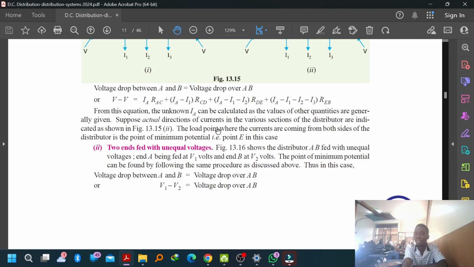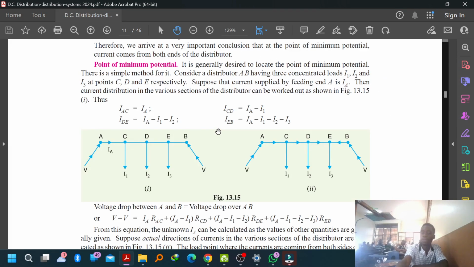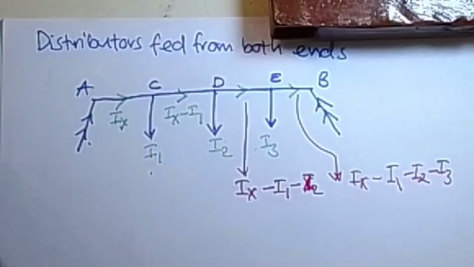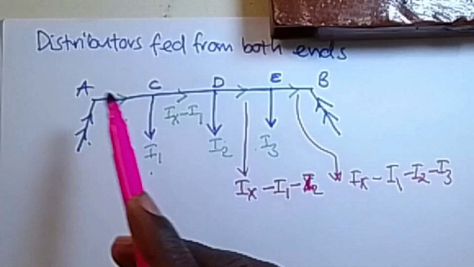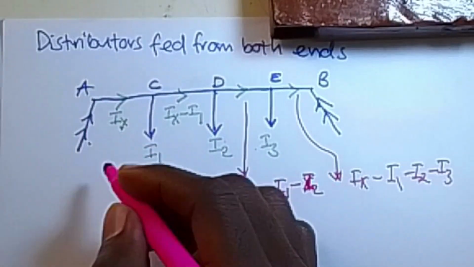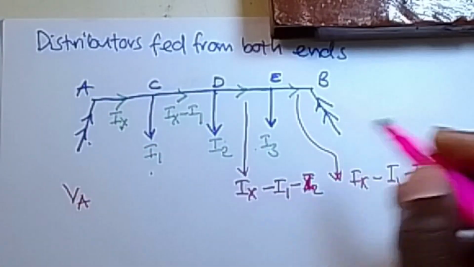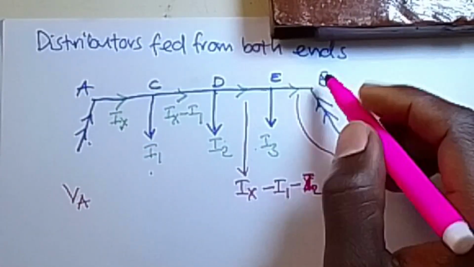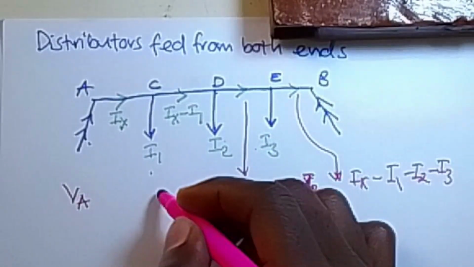Now, maybe furthermore to explain a little bit, is that when we have our voltages between this point A and point B, they will give point A a certain potential, maybe VA, and they will give B also a certain potential, let's say VB.